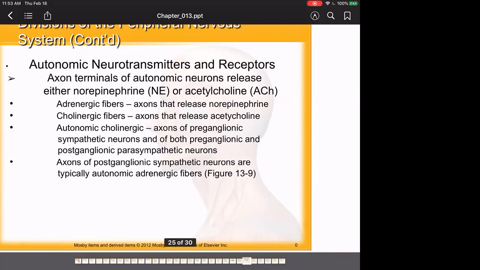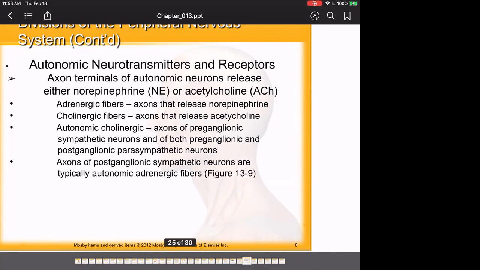Now you'll remember we talked about acetylcholine with muscles. Remember, the signal comes down as an electrical signal, which then converts into a chemical signal called acetylcholine that goes across the neuromuscular junction, binds to the receptors on the muscle, which then causes the sodium to come in, et cetera, et cetera. So that one we've heard about.